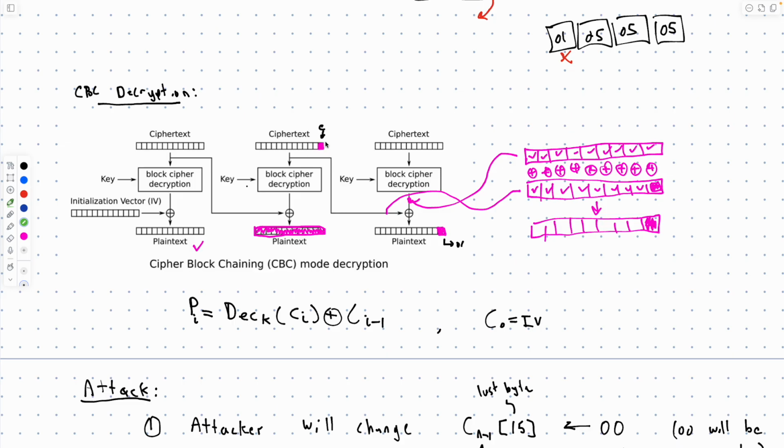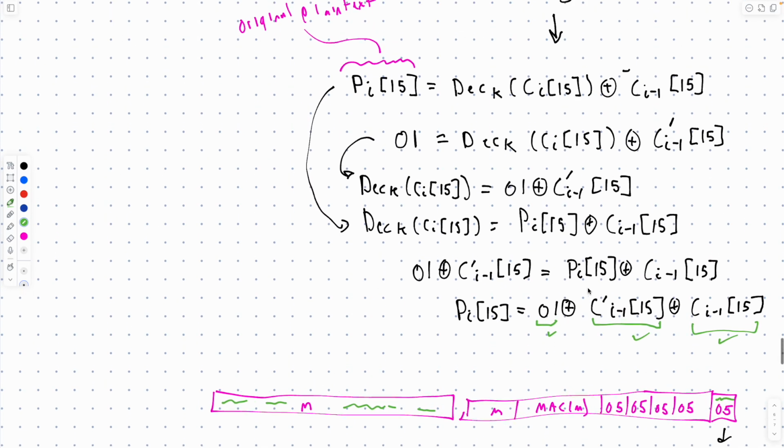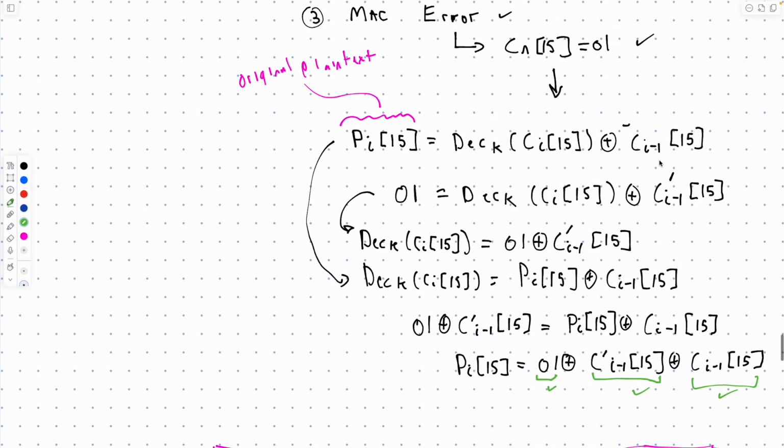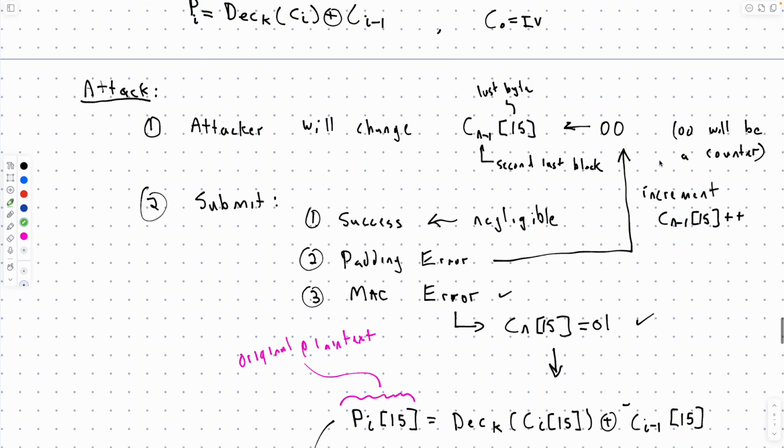C_{n-1} just means the second last block, and then the square bracket 15 means the 15th byte of that. Does that make sense? I know it's confusing, but if you're studying, you'll want to have it written out exactly so you know exactly what byte we're talking about. Otherwise, I could sort of hand wave it away, but it might not be clear.